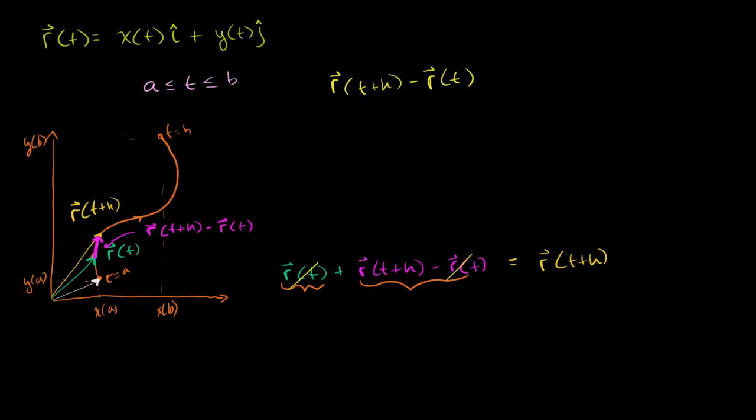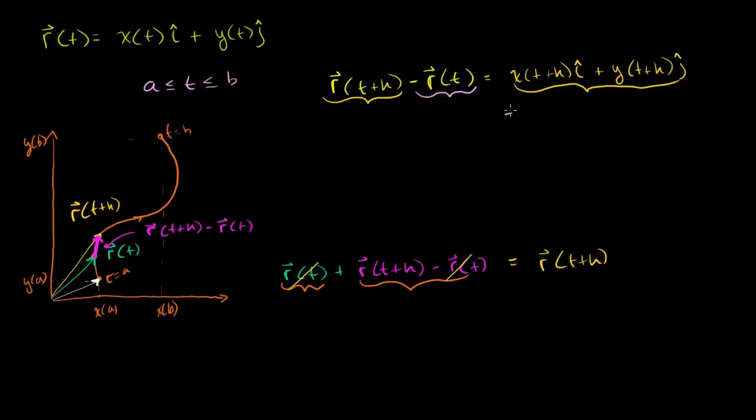So this is going to be equal to, what's r of t plus h? That's the same thing as x of t plus h times the unit vector i plus y of t plus h times the unit vector j. That piece right there is that piece minus, so this piece.